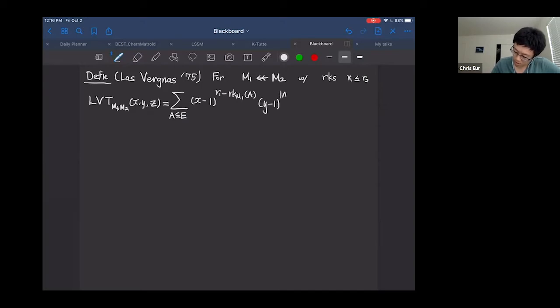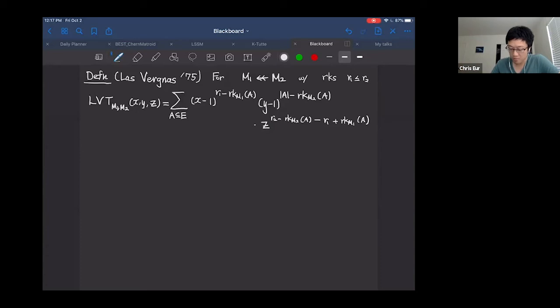Then I look at the difference between its cardinality and the rank of the second matroid, times z to the power of, let's see, what's the best way to write this? I think this is probably good enough. Minus R1 plus. So it's a funny looking definition. It's a polynomial in three variables. And he proved quite a few things about it. They're all combinatorially interesting.